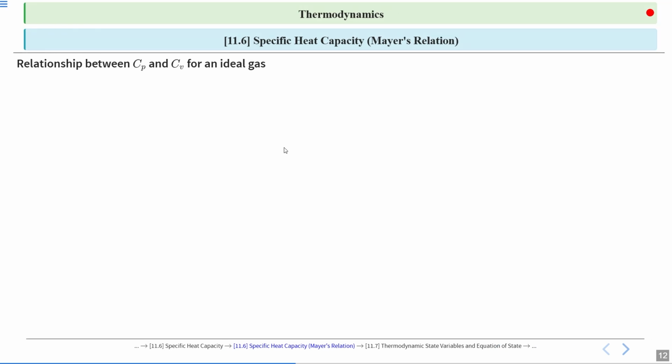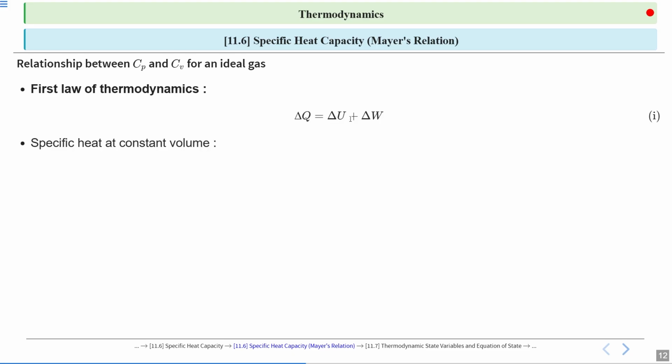Relationship between Cp and Cv for an ideal gas. We will find the relationship between Cp and Cv using the first law of thermodynamics. We know the first law of thermodynamics: delta Q is equal to delta U plus delta W. And specific heat at constant volume, Cv, is equal to delta Q divided by delta T at constant volume.